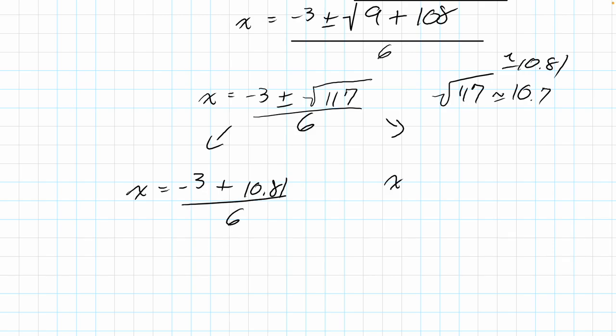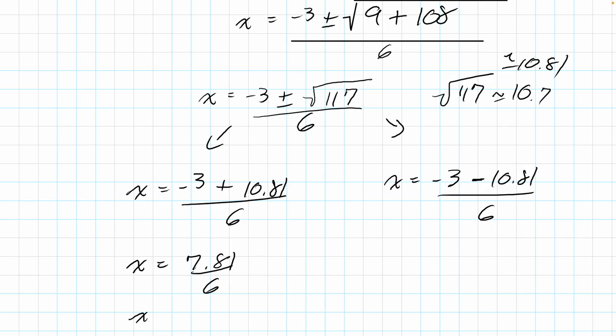And the other answer is x equals negative 3 minus 10.81 over 6. When I work that out, that's going to be 7.81 over 6. X is approximately 1.3-ish, I think.